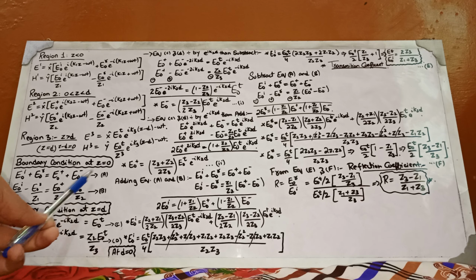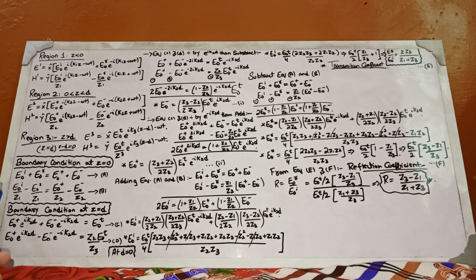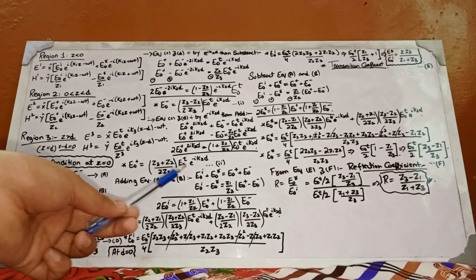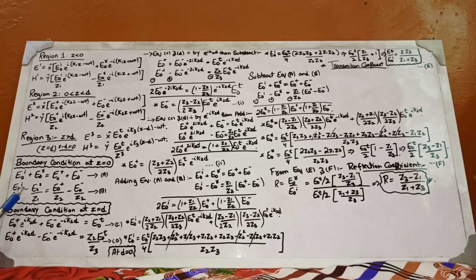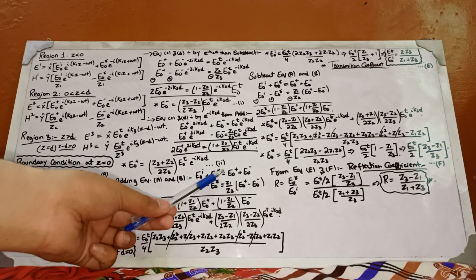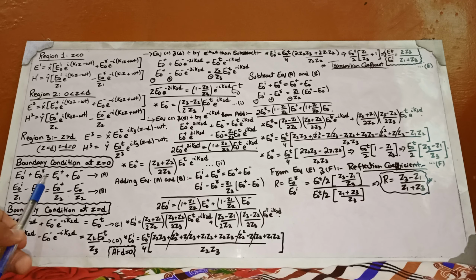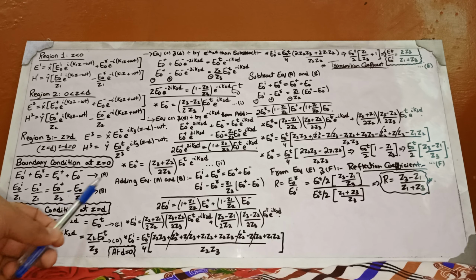This is equation a. Equation b: in E naught I, taking z1 common in the denominator and multiplying to the other side becomes z1 by z2. So you can see z1 by z2, you are left with E naught I minus E naught r equals z1 by z2 times E naught plus minus E naught minus.